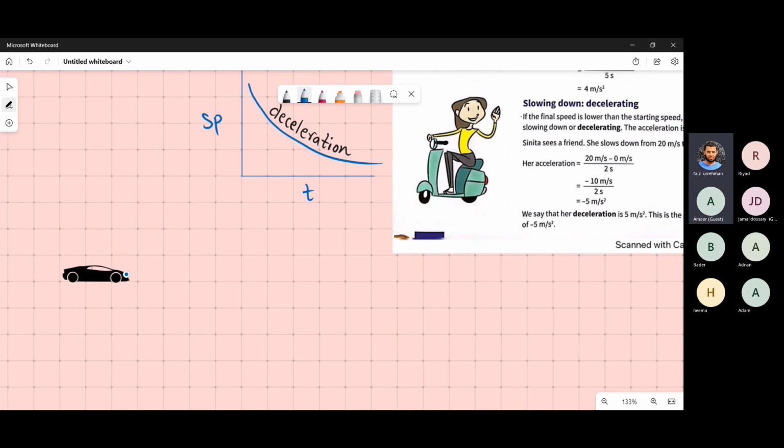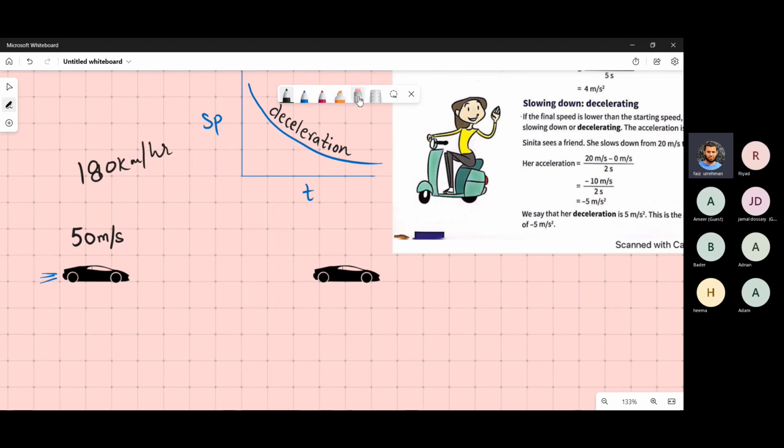Let's suppose that this car was running very fast, and within the next 5 seconds, it came to rest. Here the speed was 50 meters per second, which is very fast, like 180 kilometers per hour.